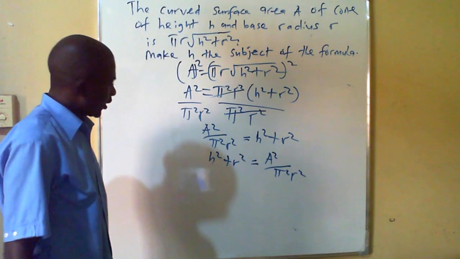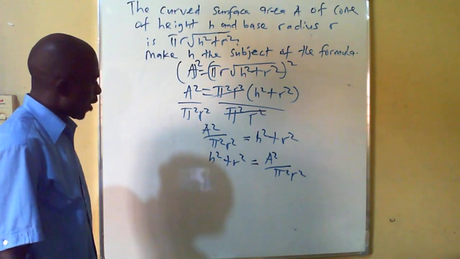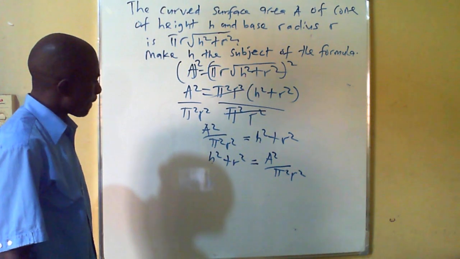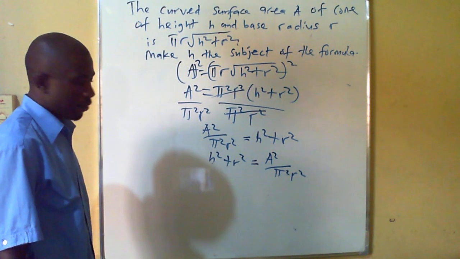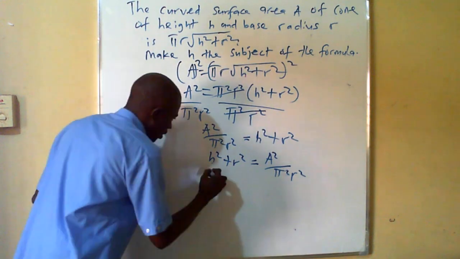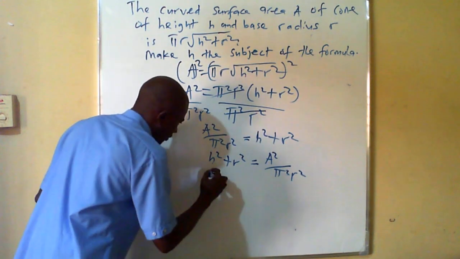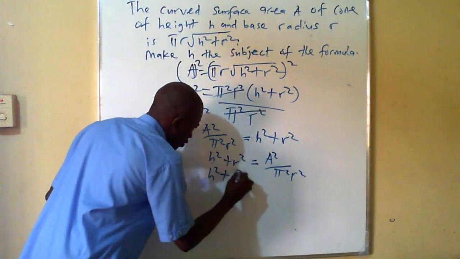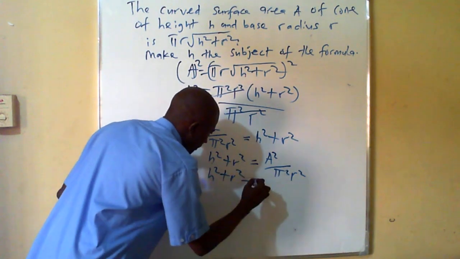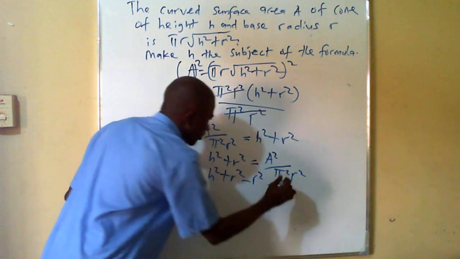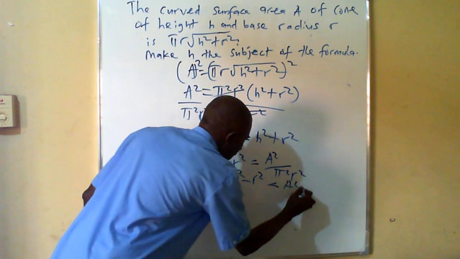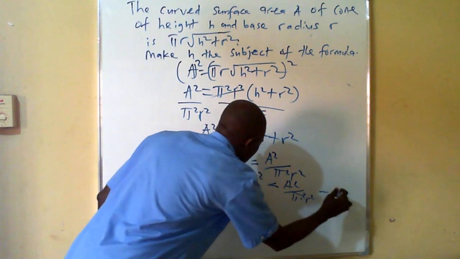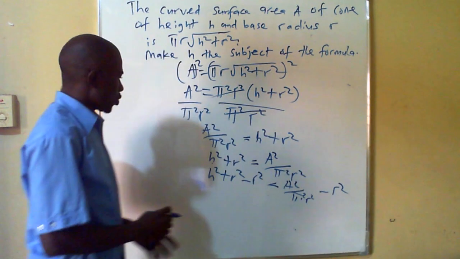The next thing to do, we're going to subtract r² from both sides of the equation. So we have h² + r² − r², minus r² from the other side too.